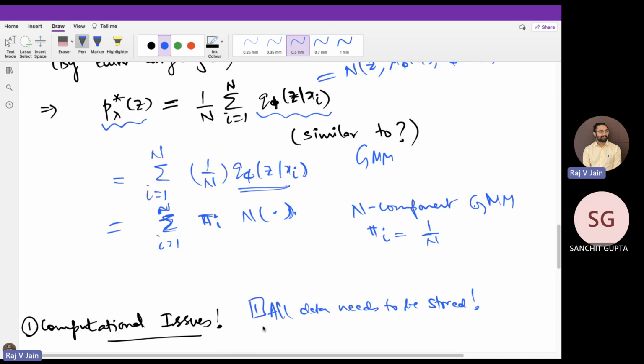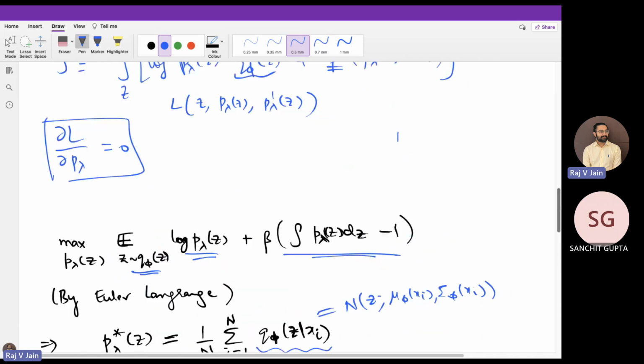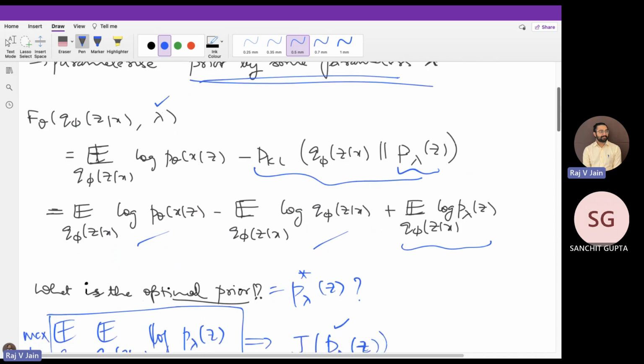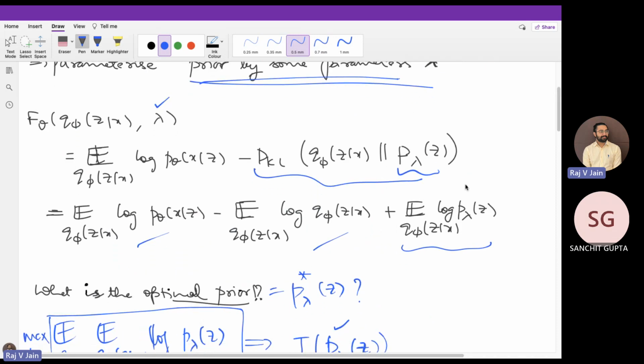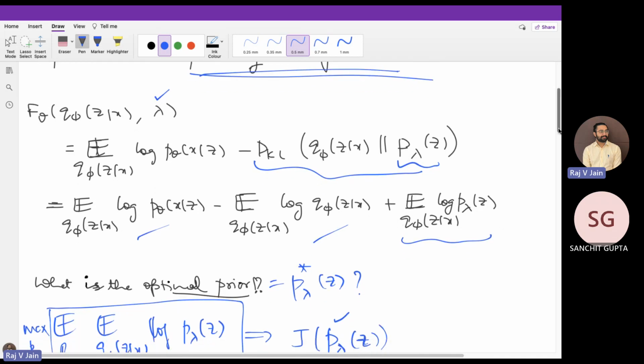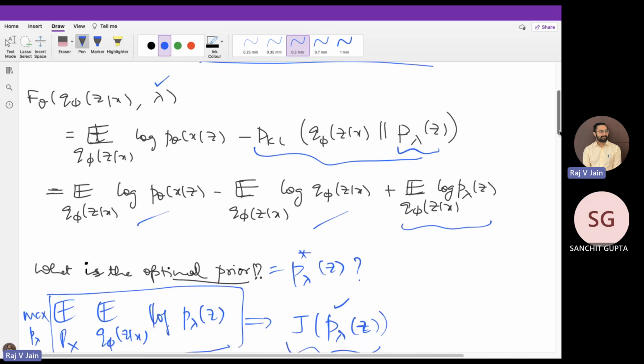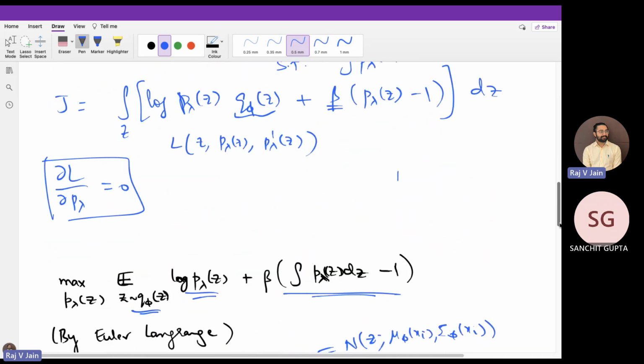The second thing is that while training also, if you want to train this model, you have to calculate this KL term, the whole idea being log p_lambda. You have to go through the whole data set again, get all of those samples, and pass them through your encoder. Very computationally expensive, because for each iteration you have to go through the whole data set. Which is very problematic.